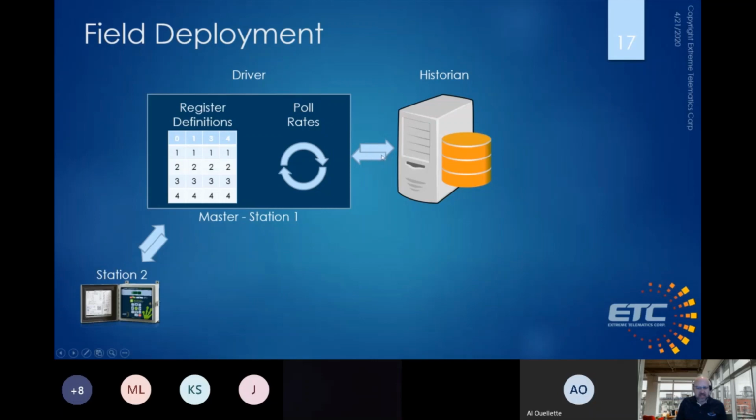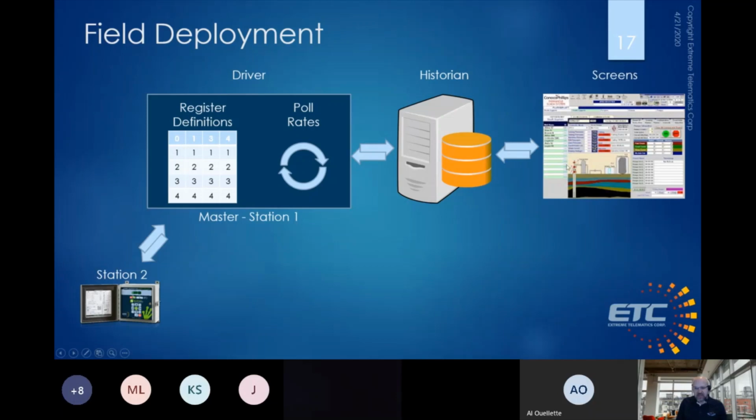And typically this connection is OPC. We're not going to get into that right now, but that driver is going to stuff data at a certain frequency into this database. And then that allows us to build screens that pull from the database. So this is the kind of generic way that data will flow from the screens that an operator is looking at all the way down to a device.